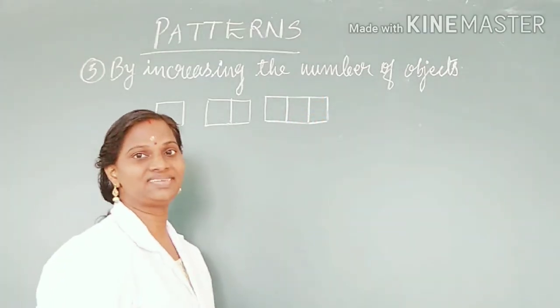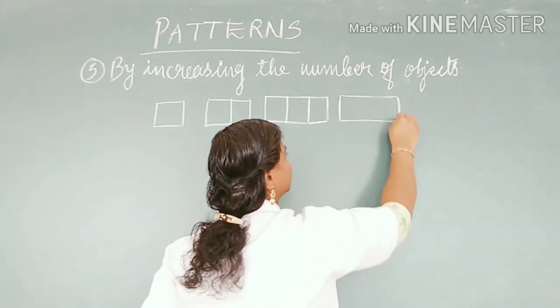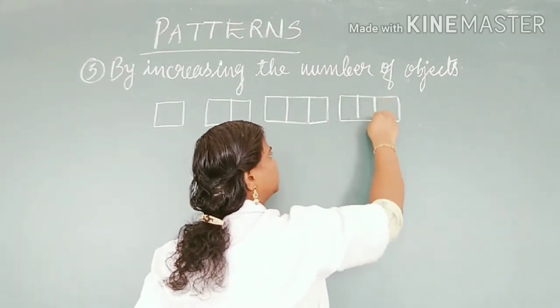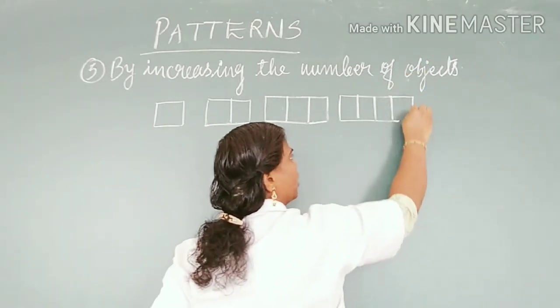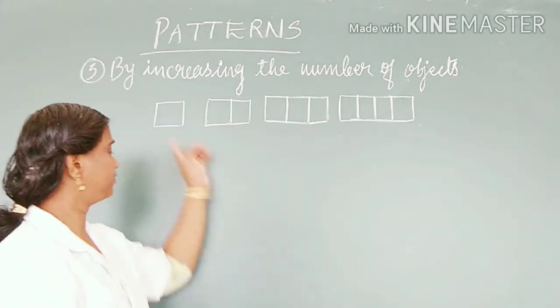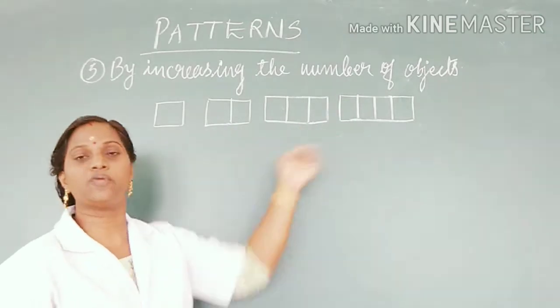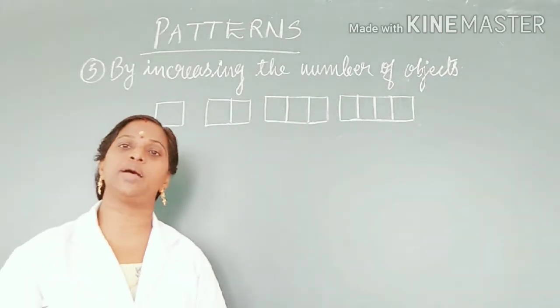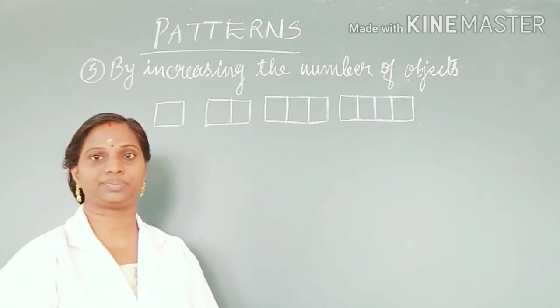Then what is next? Yes, 4 squares. So 1, 2, 3, then 4 squares. Like that, by increasing the number of objects, you can create a pattern.